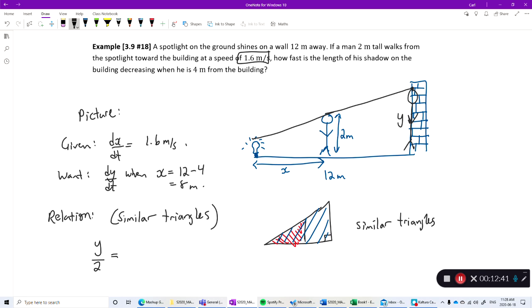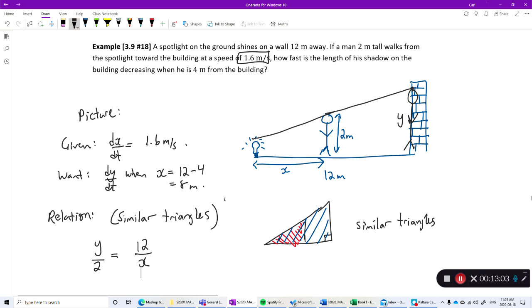Vertical to vertical is going to be the same as the horizontal length 12 to the smaller length x. Y to 12 is the same as 2 to x, right?